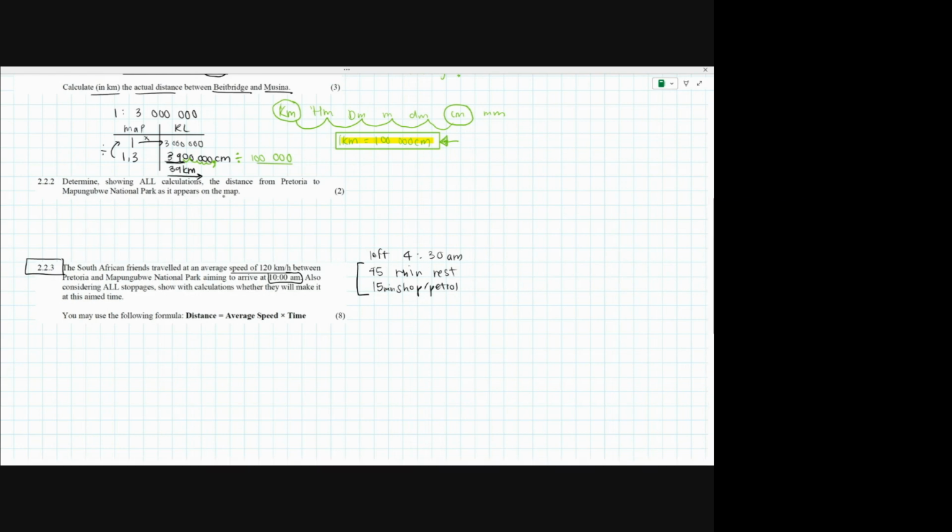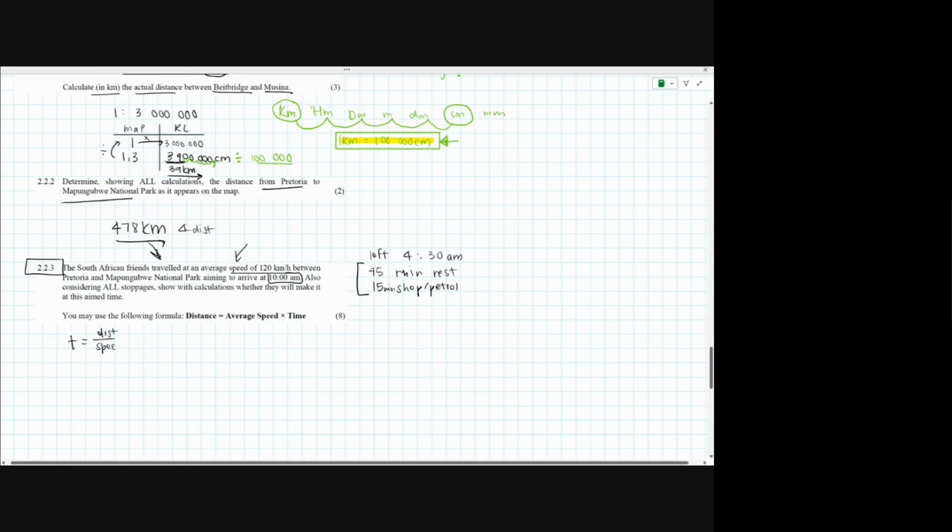All right, so the distance from Pretoria to the national park, when you added all your distances together, ended up being 478 kilometers. Like I said, easy peasy, we're just adding. But we obviously now need that in this question because we've got a distance, we have a speed, and that's going to help us find time. So again, time is equal to distance over speed.